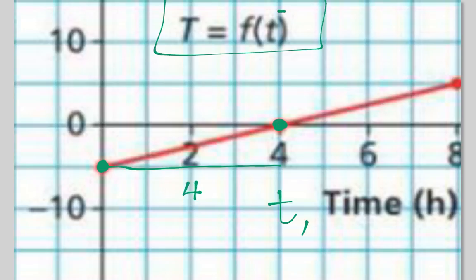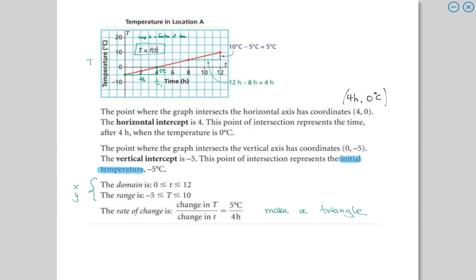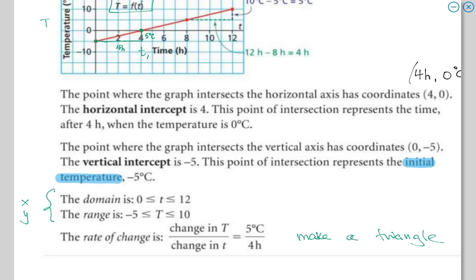In 4 hours, the temperature will rise by 5 degrees Celsius. So it went up 5 degrees Celsius in 4 hours. You make a ratio with the y value on top of the x value. Remember, it's delta y on top of delta x. 5 degrees Celsius in 4 hours.